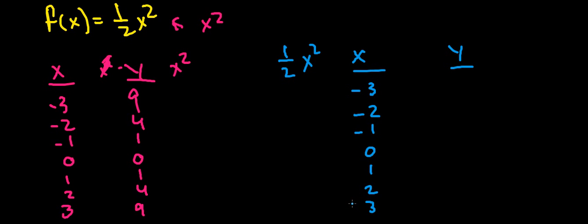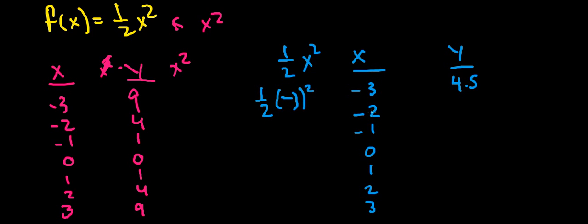Now let's make a table out of them. We have minus 3, and we put this in for the x. We have 1/2 times minus 3 squared. So we get minus 3 squared, which is 9, times 1/2, which is 4.5. We get 3 squared, which is 9, then times 1/2, which is 4.5.